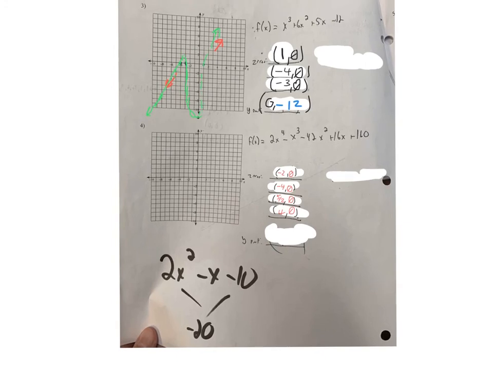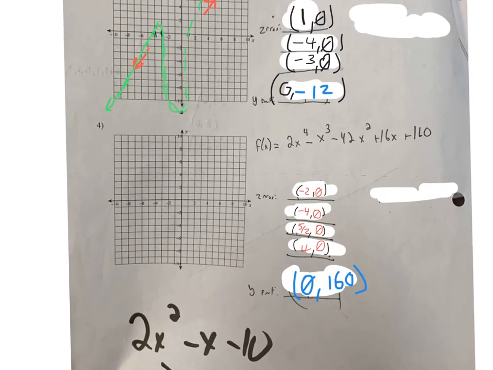Now the y-intercept is the easy part. That's just right here, positive 160. So that's going to be 0, comma, positive 160. The teacher is expecting you to graph that. Well, what does it go down to? Negative 6, negative 8, negative 10.